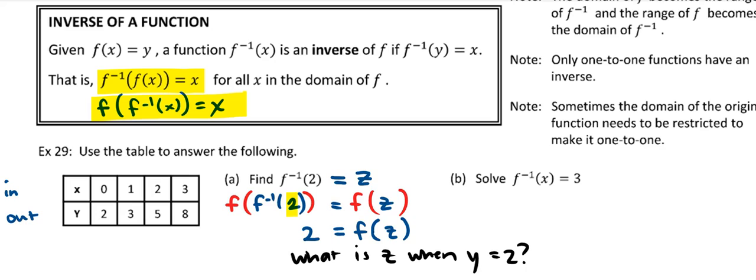That tells me, going back to my output, I'll be looking at the y row for when y is 2, and we want to know what the input is. So we have x equals 0, or z equals 0, however you would like to say it. To tie this answer up, f inverse of 2 is equal to 0.